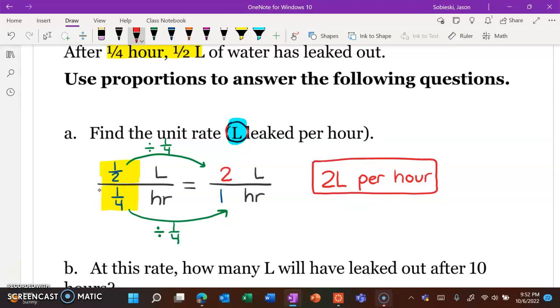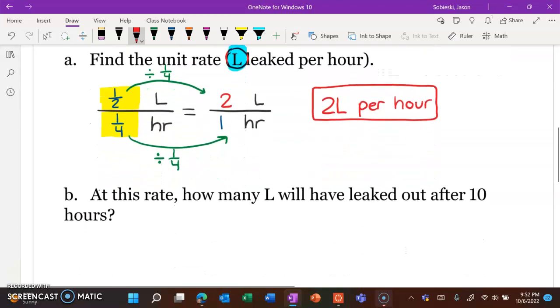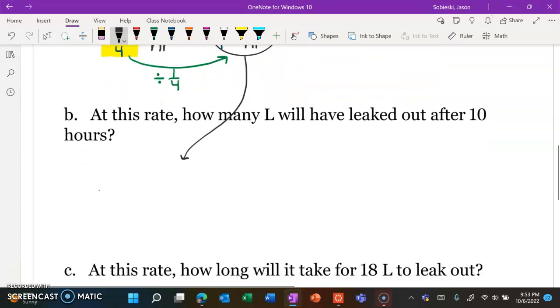All right. So moving on, part B says, at this rate, how many liters will have leaked out after 10 hours? So what we're going to do is take our unit rate that we found right here. We are going to reuse that down in part B. So we know that, once again, we're asked about the amount of liters, right?